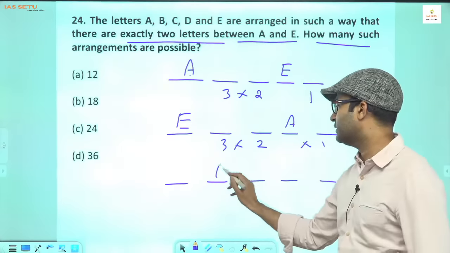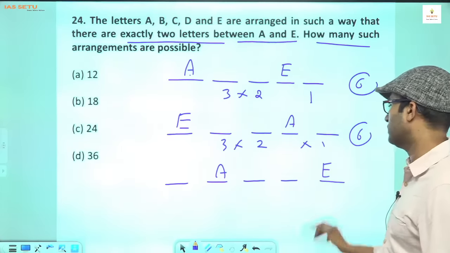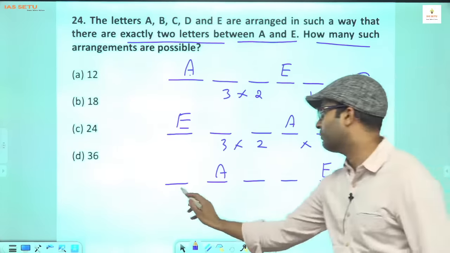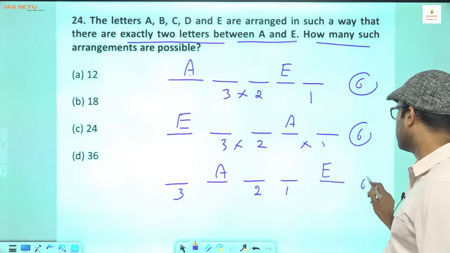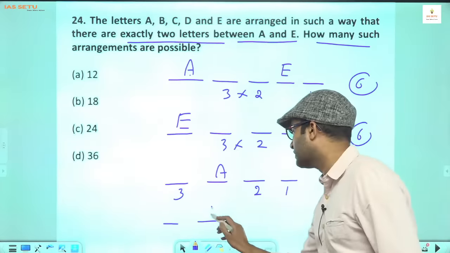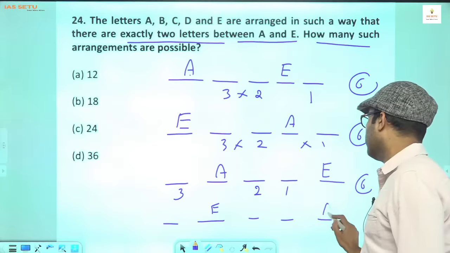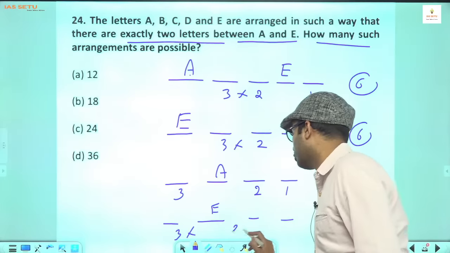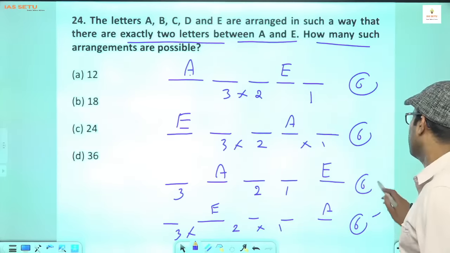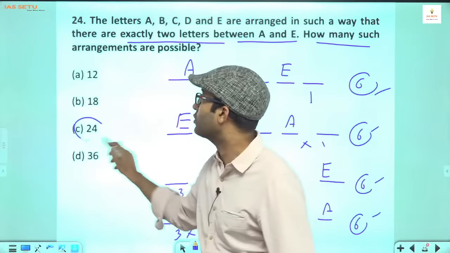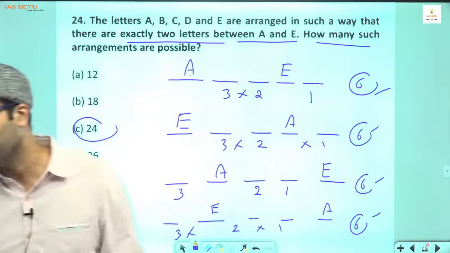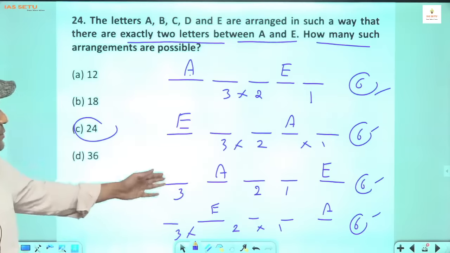A will say I will sit here, then E will be here because exactly 2 letters, so it can be filled in 3 ways, 2 ways, 1 way, 6. So E will sit here and A will sit here, so 3 into 2 into 1 is 6. So your answer is 24, because there are exactly 2 letters between A and E. These are the only cases.